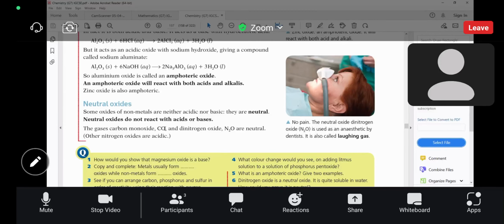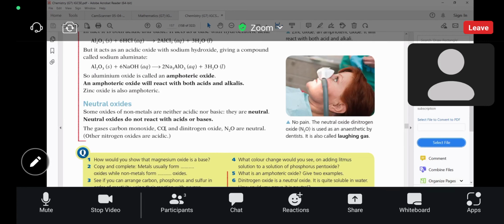You know laughing gas, N2O, nitrous oxide or dinitrogen oxide. Here we have two nitrogens, so this is dinitrogen oxide. This is also neutral.